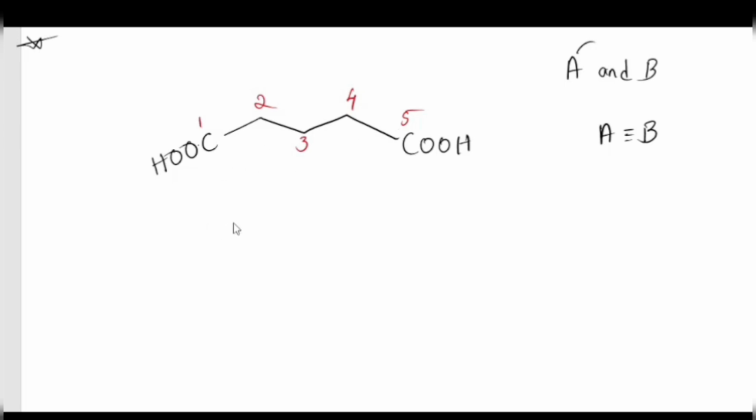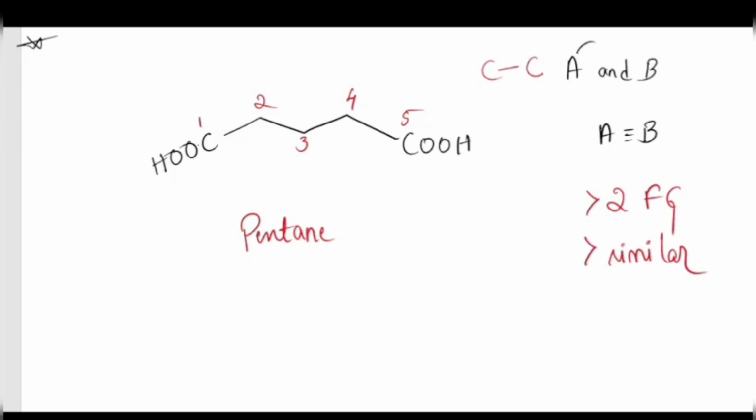5 carbons means, what is the root word for this? It is pent. And between the carbons there is a single bond. What is the primary suffix? That is pentane. And there is no elision of E in this particular case if two functional groups are identical and terminal. Here two functional groups are there, they are similar, and present at terminal positions. These three conditions have to be followed, so no elision of E takes place.